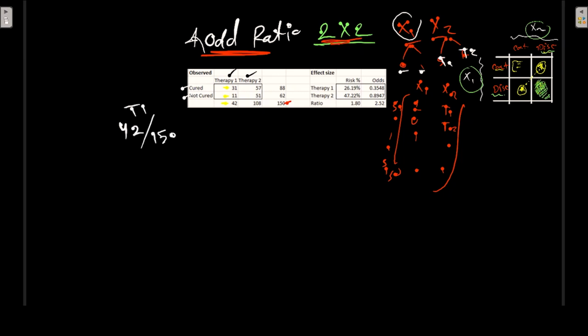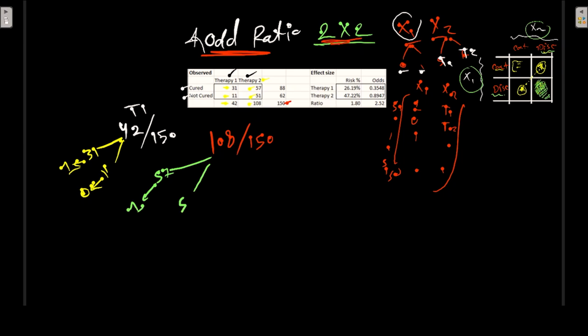Out of these 42, 31 got the result of 1, and 11 of them unfortunately got the result of 0. When it comes to therapy 2, 108 out of 150, 57 of them got the result of 1, but unfortunately 51 of them got the result of 0.